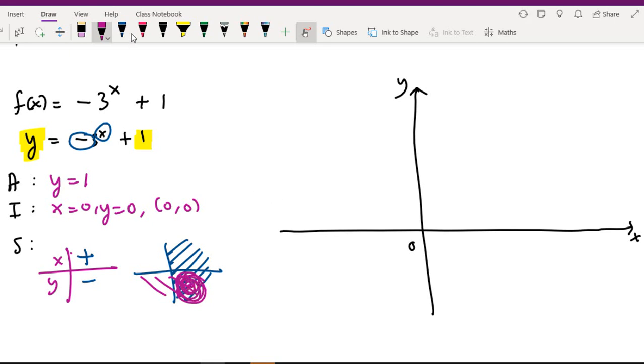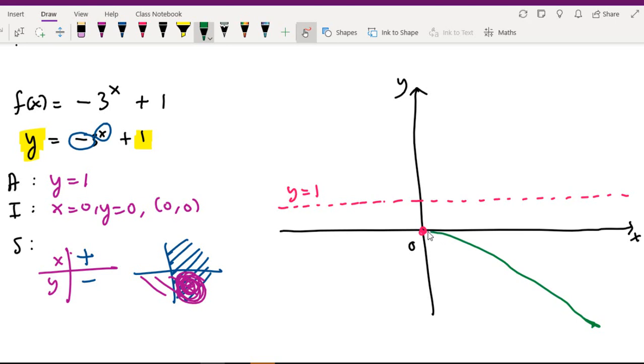So the first step is to check the asymptote for the graph. The asymptote is y is equal to 1, and the intercept point is at the origin. Then sketch the graph, with the starting point in the fourth quadrant. The graph approaches the line and never touches the line.